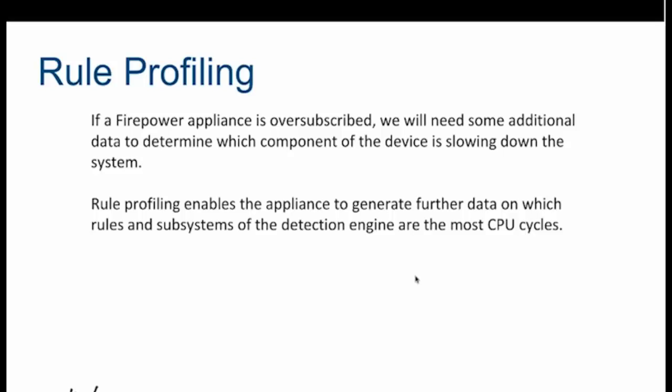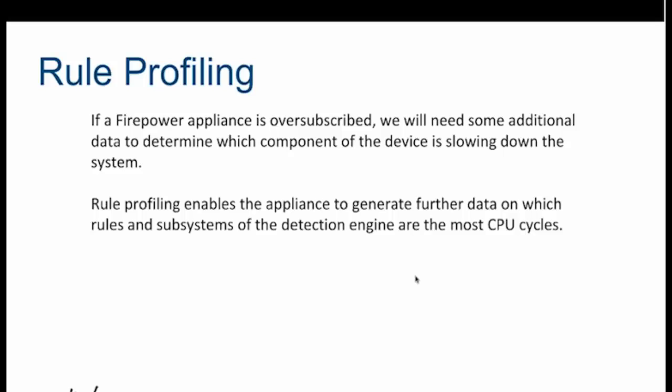Let's assume 9,000 rules, and there is a component in a rule or in the detection engine which is creating a problem, and because of that there is a high CPU in the detection engine. Let's assume that there is no high bandwidth even though there is a high CPU. The traffic rate is very slow, but still there is a high CPU on the detection engine.